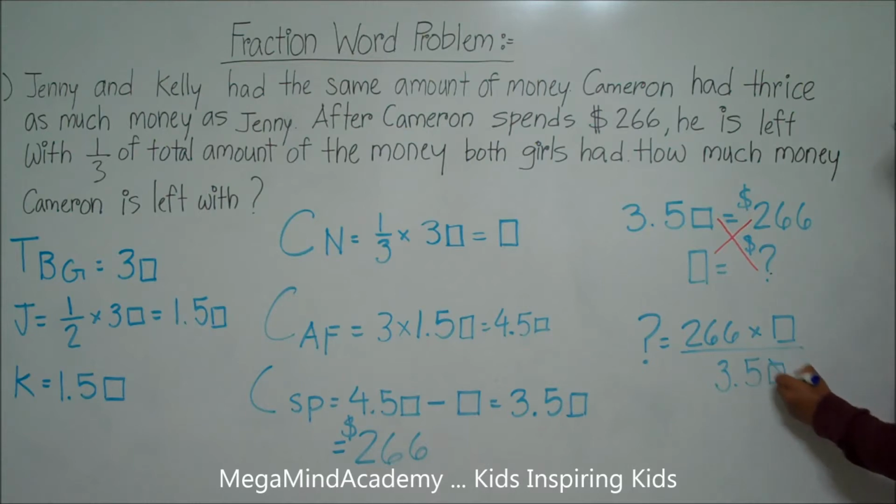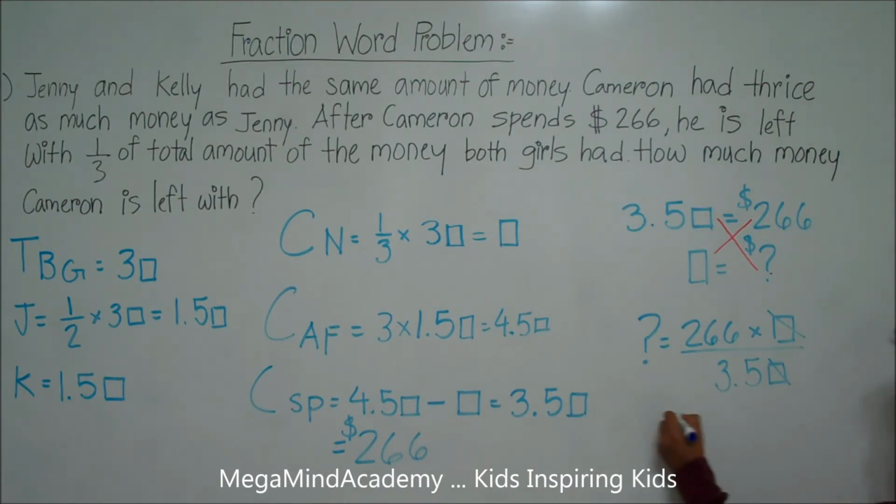So unit cancels out with unit, and 266 divided by 3.5 is equal to $76. So this means that 1 unit is equal to $76.